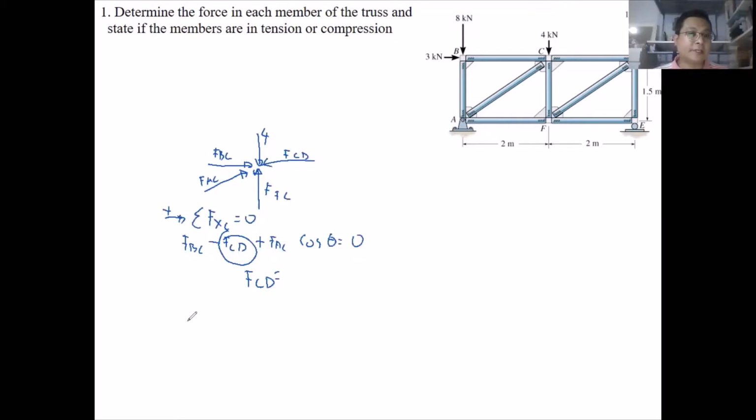Okay. After that, we try to derive the equation from the Fy on C. So based on the figure, we can derive the equation here.